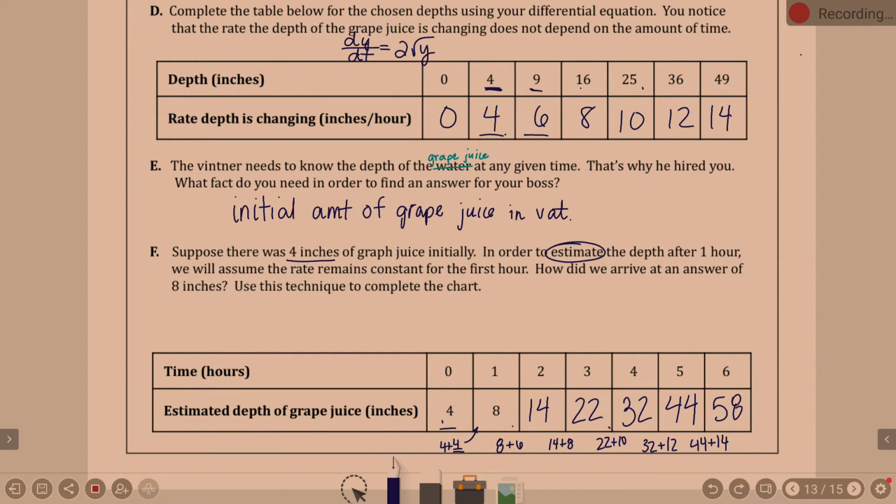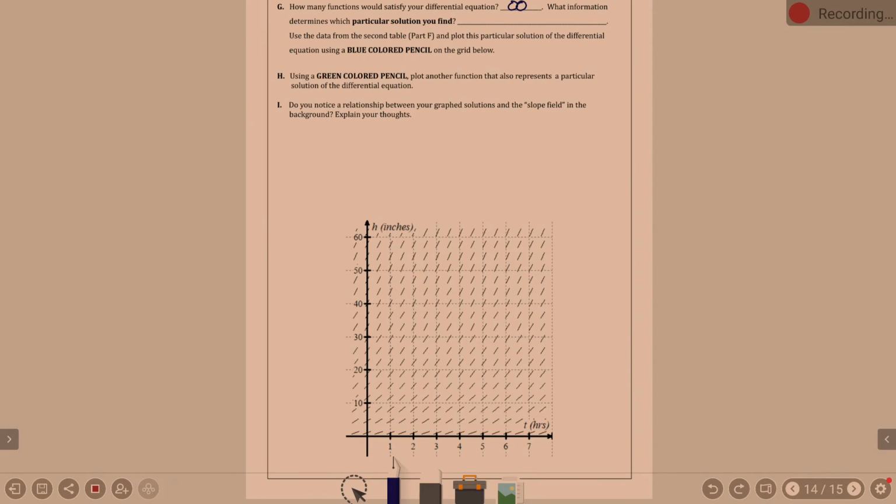Eventually you have to have an initial amount. If you don't know where this level starts, we can't go anywhere. So obviously several things have to be provided, but ultimately you can't find your plus C or your K value without your initial amount. And how is this worded? What information determines which particular solution you find? That would be your initial amount.